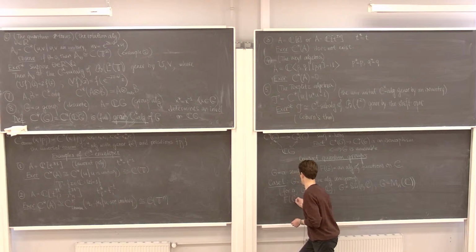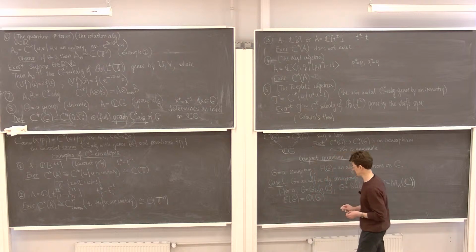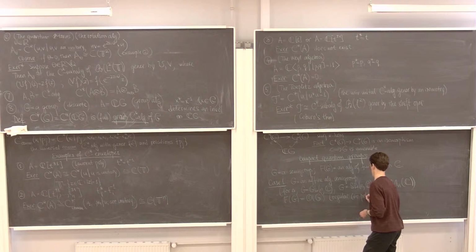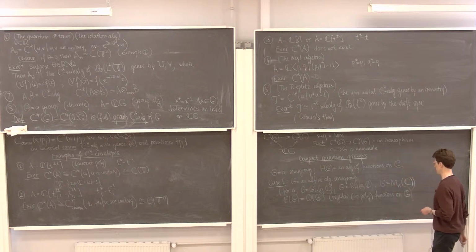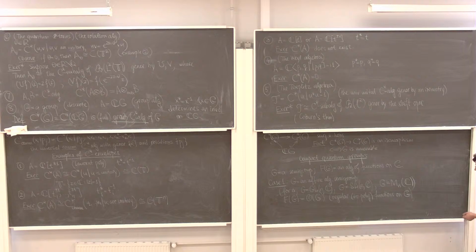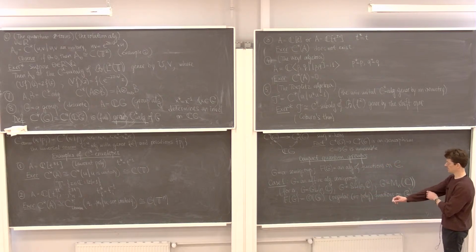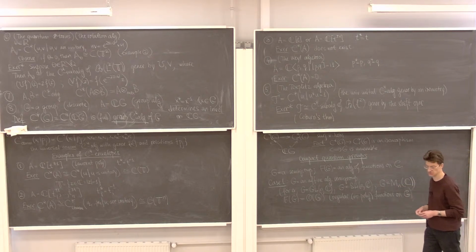In this case, we take for F of G the algebra O of G of regular, or polynomial, functions on G. So if G consists of all matrices, then this is the algebra of all polynomial functions. In the general case, if G is one of these two groups, then we just restrict the polynomials on the semigroup of matrices to G.